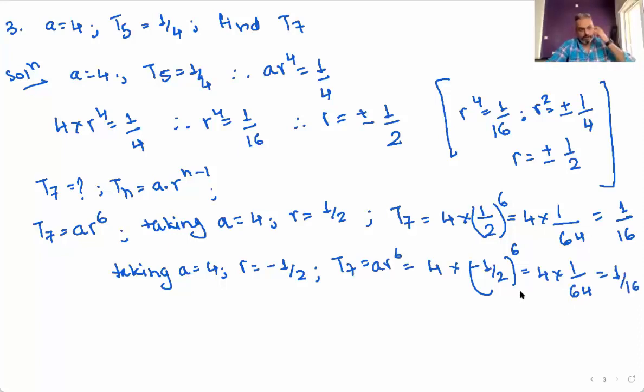Since the power is 6, minus into minus plus, minus into minus plus, minus into minus plus. So it will be plus 1 by 64, which is 1 by 16. Therefore, T7 is equal to 1 by 16.